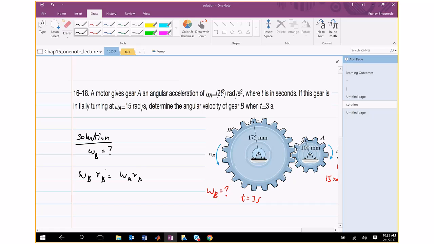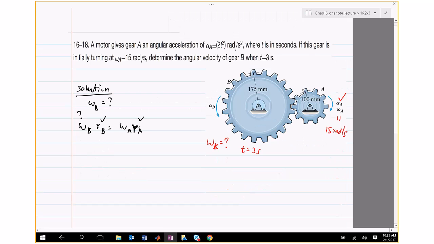We know what RA is, we know what RB is. We don't know what omega B is, and we actually don't know what omega A is. We know what omega A is at time t equals 0, but we don't know what omega A is at time t equals 3 seconds. So this is unknown. If we get omega A, then we'll be able to solve for omega B.